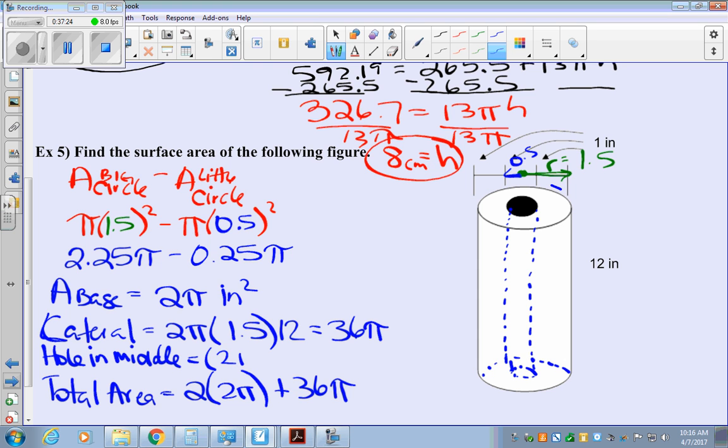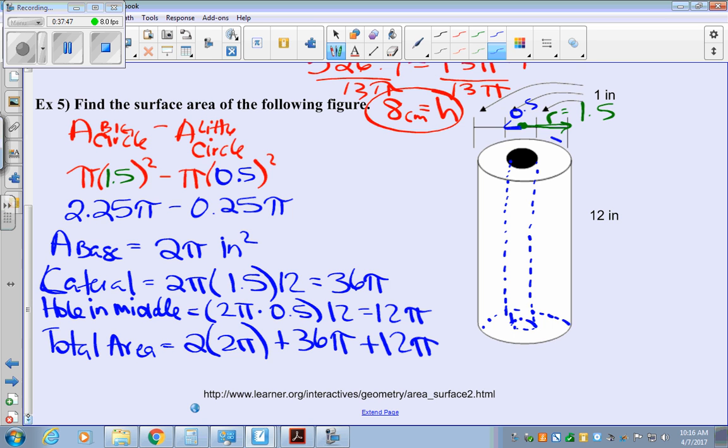That's 2 times pi times the radius of our little one, which we said was 0.5, times the height of the cylinder, which is 12. 2 times 0.5 is 1, and 1 times 12 is 12. Okay, so now our total area is 4 pi plus 36 pi, that's 40 pi's, plus 12 more pi's is 52 pi inches squared.